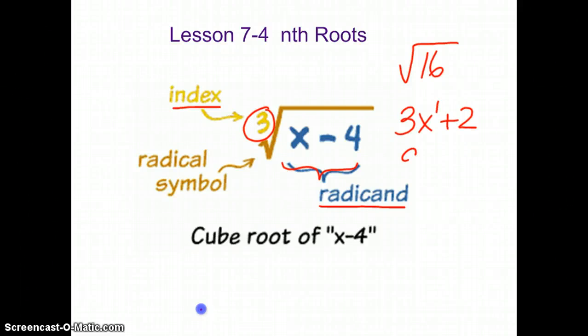Or when you have 9x cubed plus x squared, even though we don't write it, we know that out in front of that x squared is really a 1. It's understood. So in square roots, the index is actually a 2. Because we use square roots so often, it's just understood that a 2 goes out there. We don't have to write it.